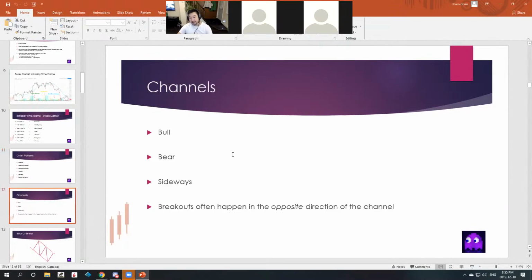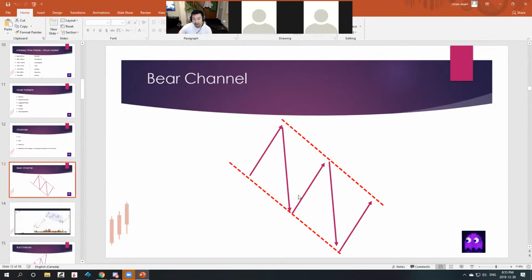Channels, we discussed this already. You're looking for uptrends, downtrends, or sideways markets. Again, looking at a bigger picture chart, like a daily chart, you should be able to identify this fairly easily when you're looking in the markets. When you're drawing channels in the markets, as I've mentioned before, you just look for channels where the price is just oscillating, right?